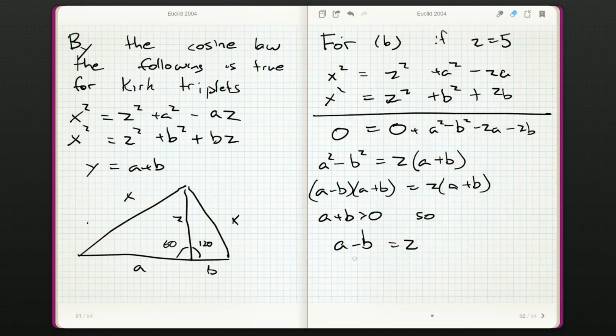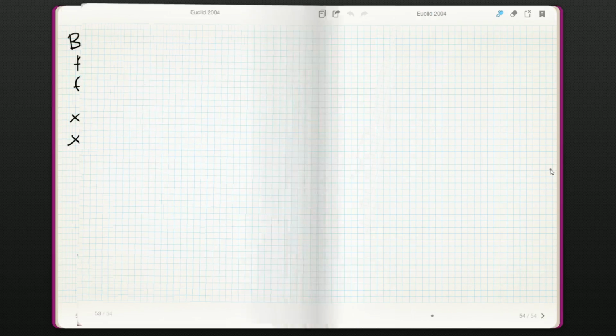Although it does tell me a has got to be the bigger one, but I kind of already knew that from the picture. What could we do? I'll tell you what, we could substitute. We could just take the a minus b and substitute into the first equation or something.